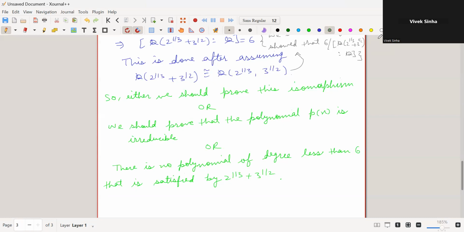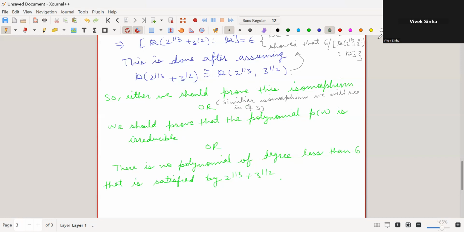Yes, possibly the third one. So I will write similar isomorphism, we will see in question 3.